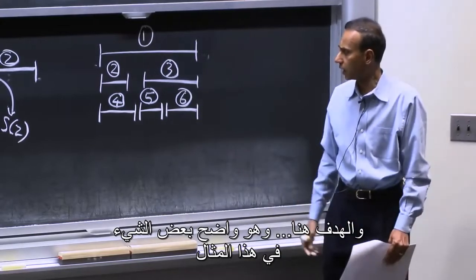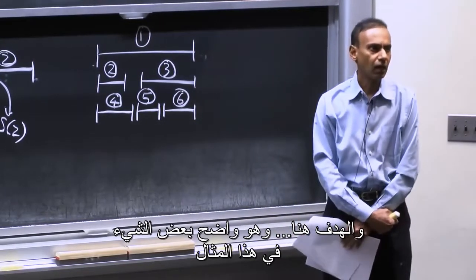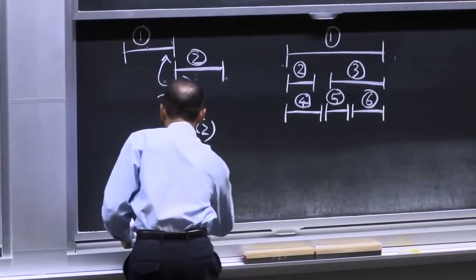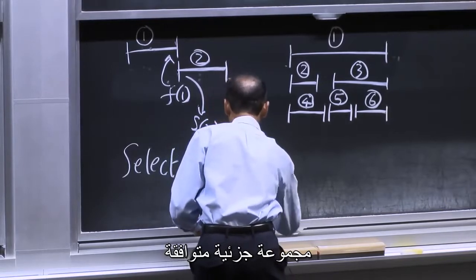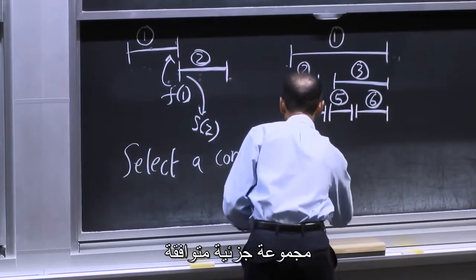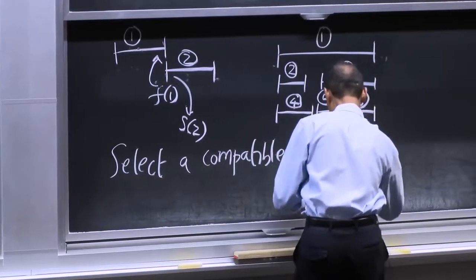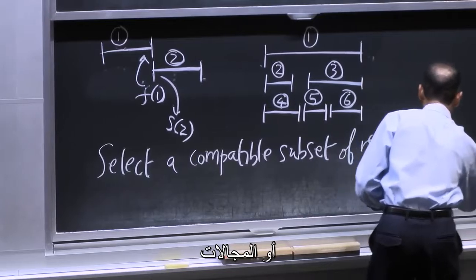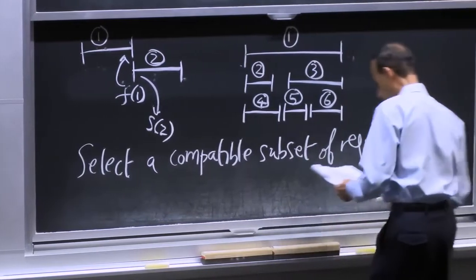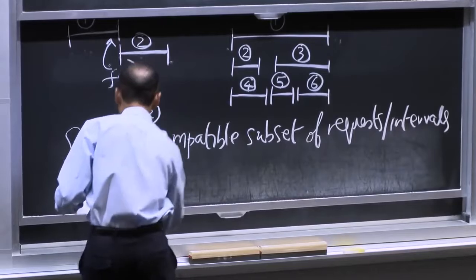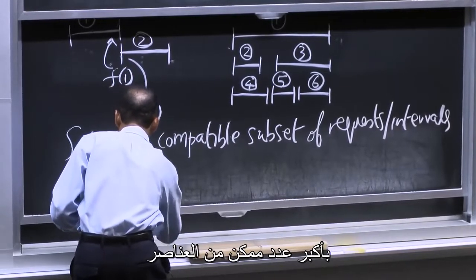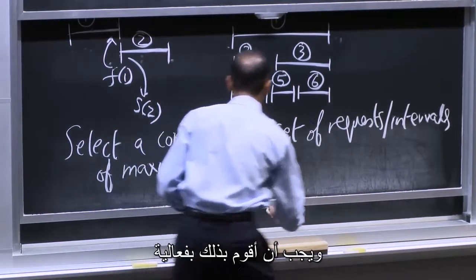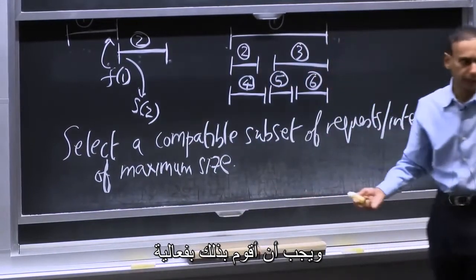And my goal here, and it's kind of obvious in this example, is to select a compatible subset of requests or intervals that is of maximum size. And I'd like to do this efficiently.